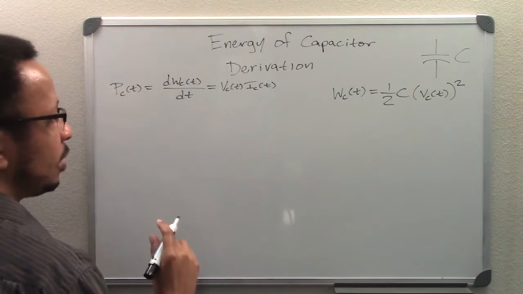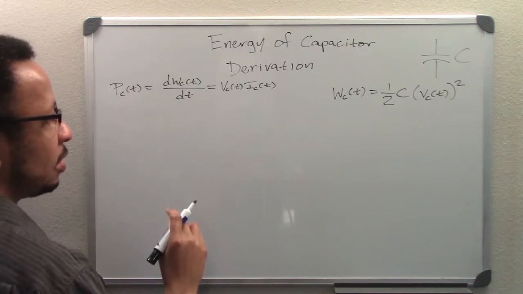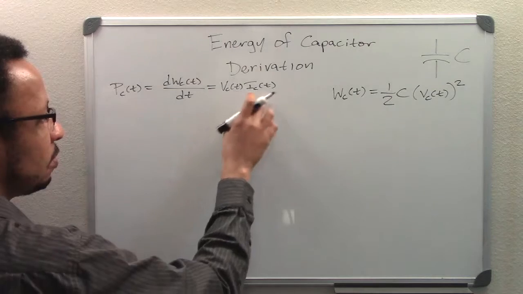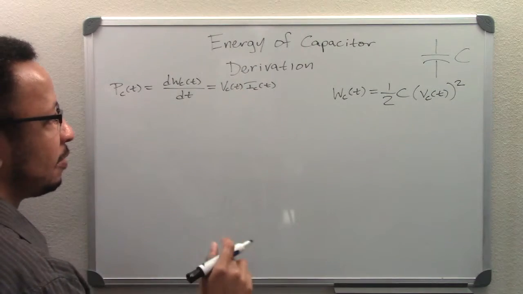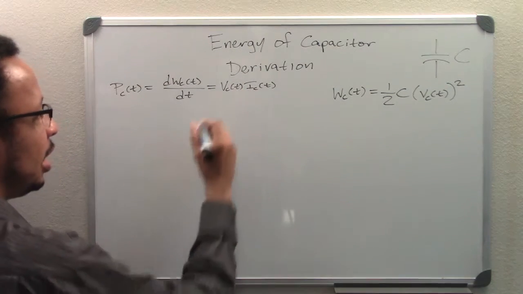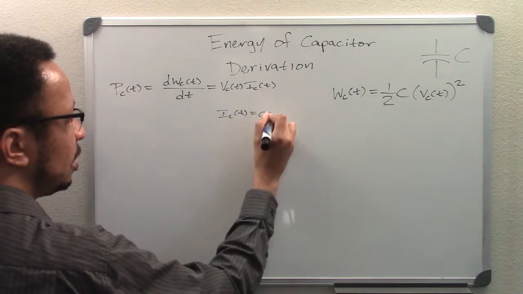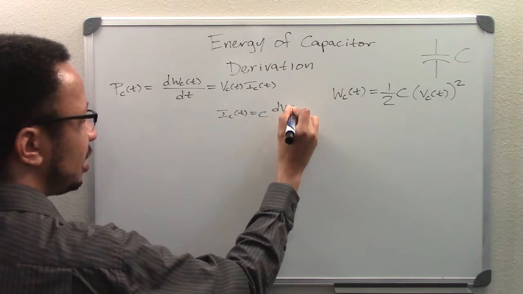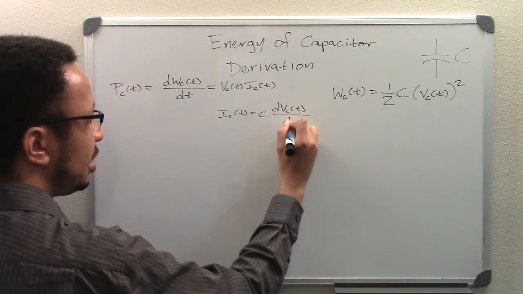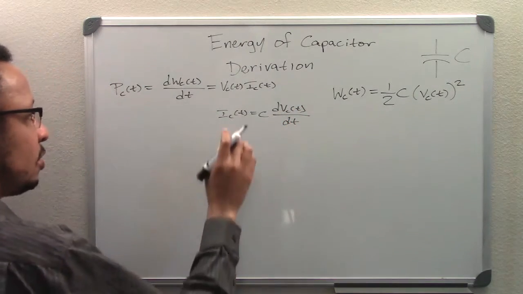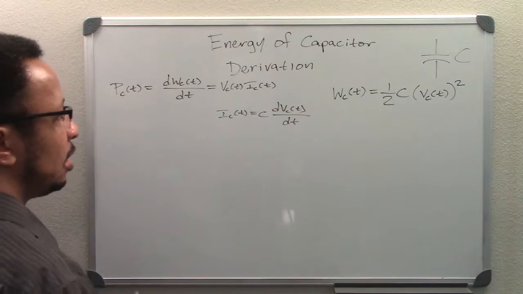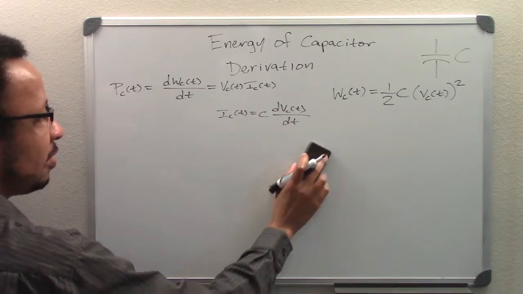Now, what we're going to do next is take this power and put it in terms of Vc of t itself. And so we have Ic of t equal C dVc of t dt. We're going to use that as a substitution in here, and it'll be in terms of Vc of t.